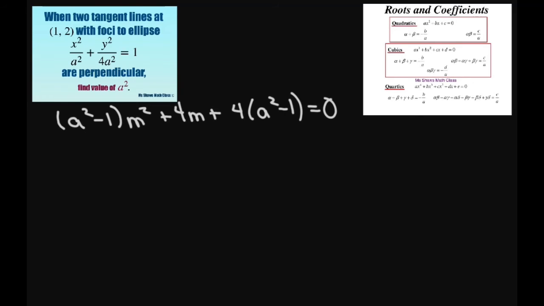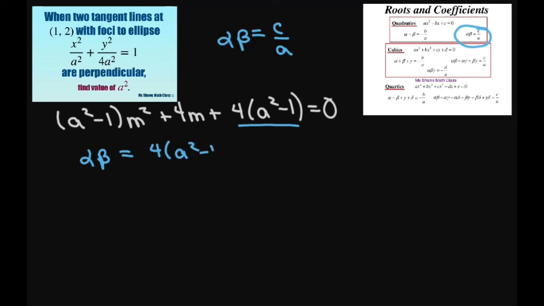I'm going to use the product of the roots. The product alpha beta equals c divided by a. This is your c, so the product of the roots is going to be 4 times (a squared minus 1) divided by your a, which is a squared minus 1.